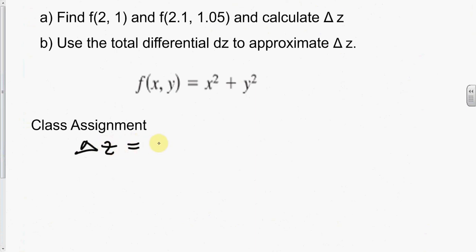So delta z, you get 0.5125, and then dz, 0.5. Everybody get that? Okay. Good.